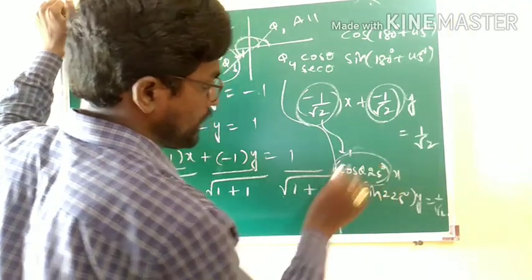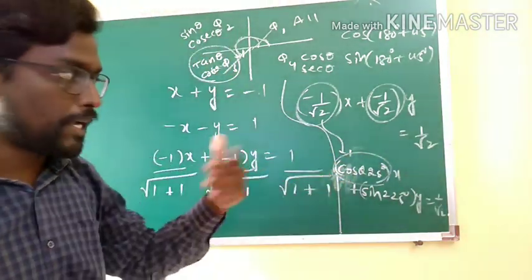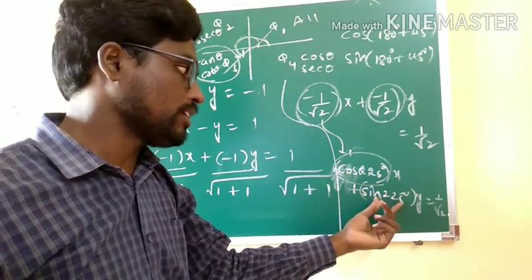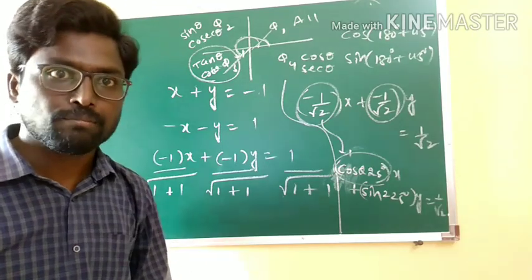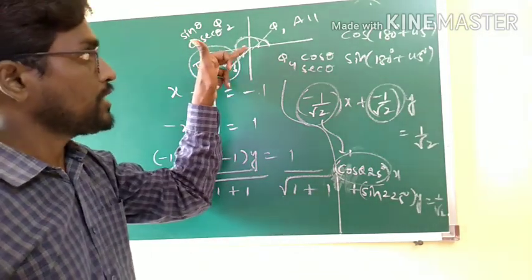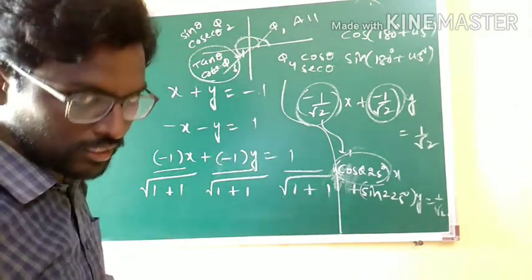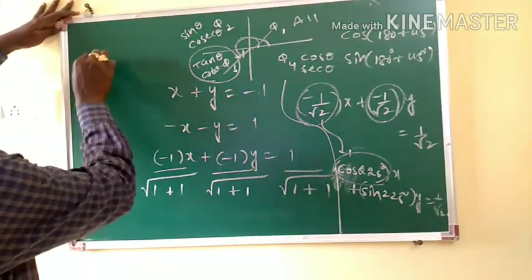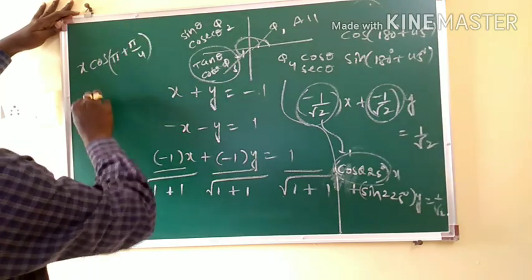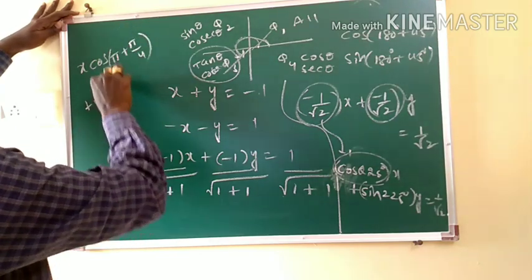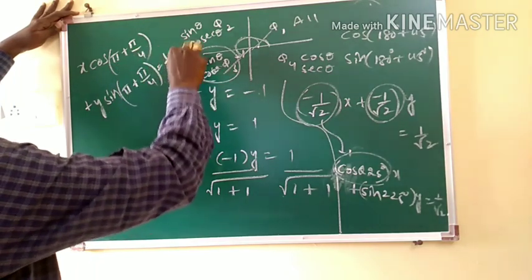The same can be written as cos of pi plus pi by 4, and this also can be written as sin of pi plus pi by 4. Pi radians means 180 degrees. Pi by 4 means the standard angle that we are taking in quadrant 1. And hence finally we can write x cos of pi plus pi by 4 plus y sin of pi plus pi by 4 is equal to 1 by root 2.